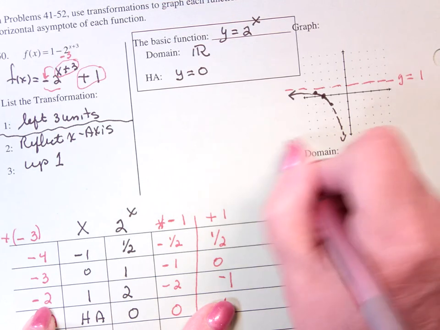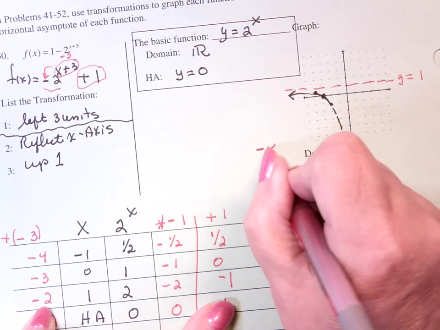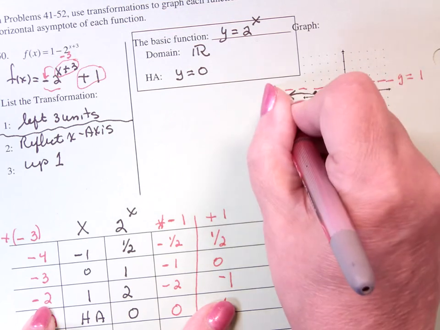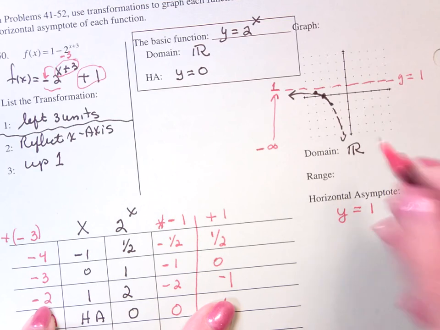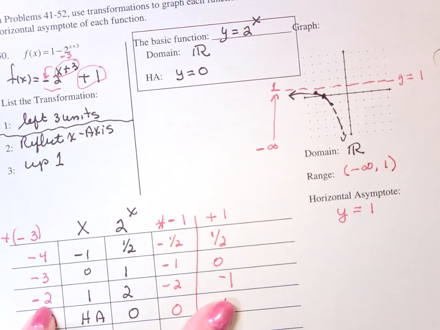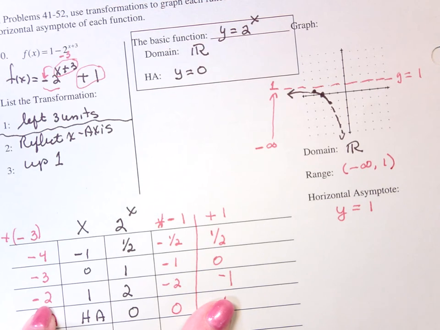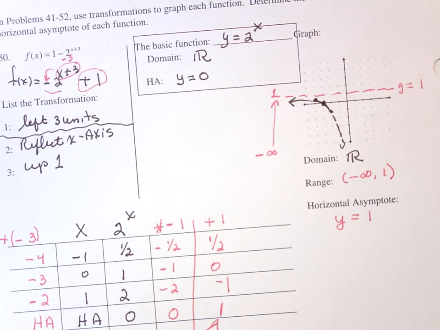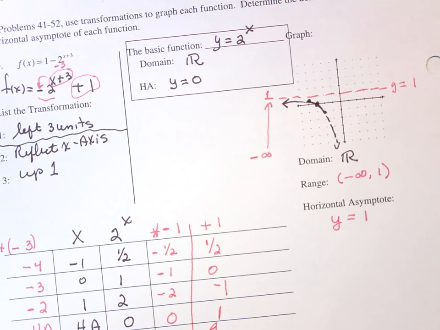The range is going to be what? Negative infinity to y equal 1. Does not include it because it's an HA. Now you can see these graphs are time consuming because they're very, very detailed.